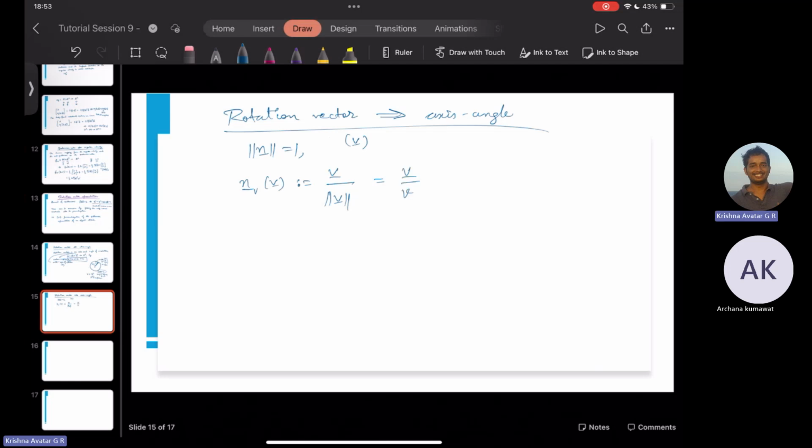This small v is the norm of v. And likewise, the angle can be extracted as just the norm of v. So this is what it is, right?